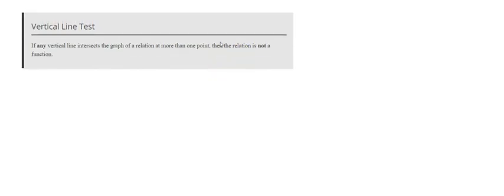So scrolling down, if any vertical line intersects the graph of a relation at more than one point, then the relation is not a function. Well, that sounds great mathematically. What does that mean in the real world? Okay, let's take a graph.